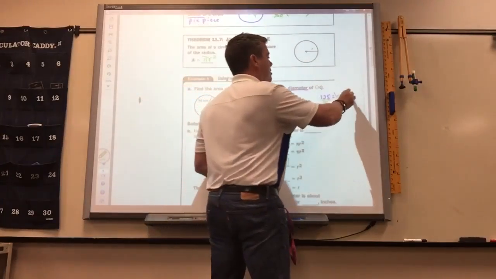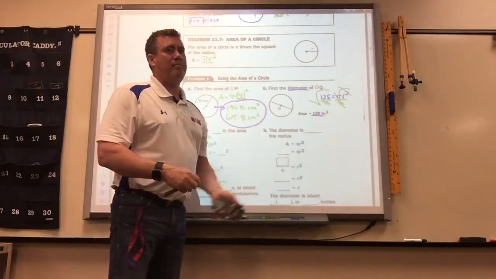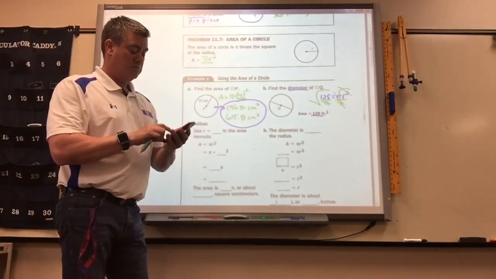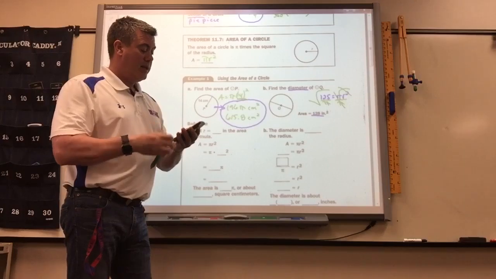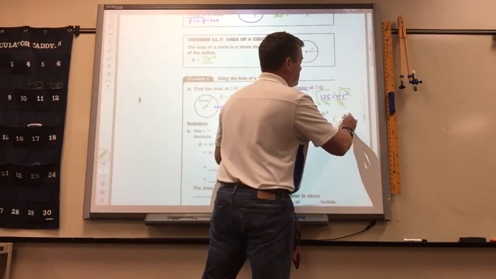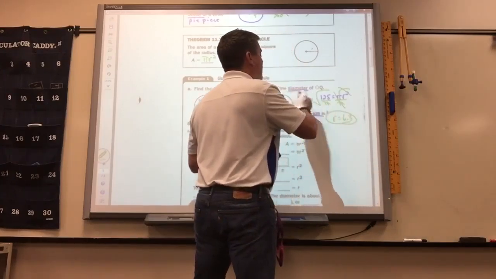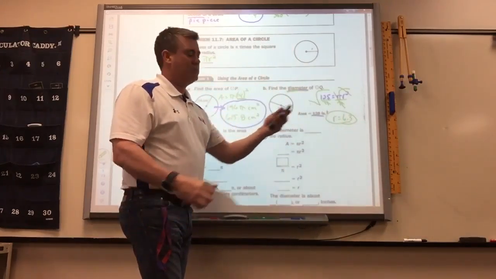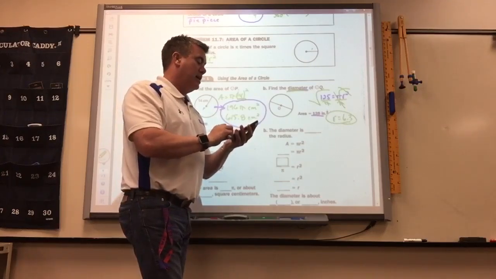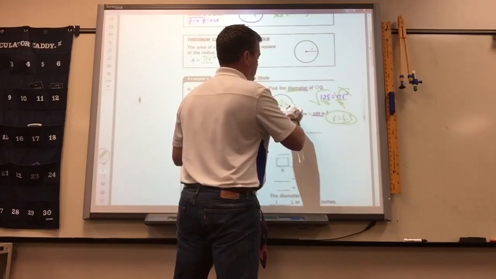Square root it. So it's the square root of the area divided by pi. And that would round to 6.3. Now, they don't want the radius, they want the diameter, so what do you got to do to that? Just take it times 2. And it'd be 12.6 inches.